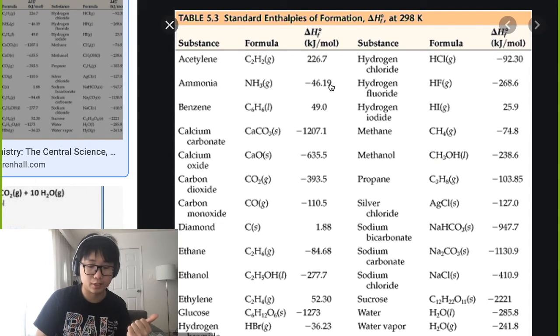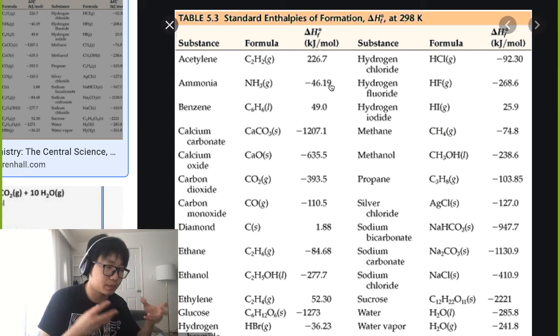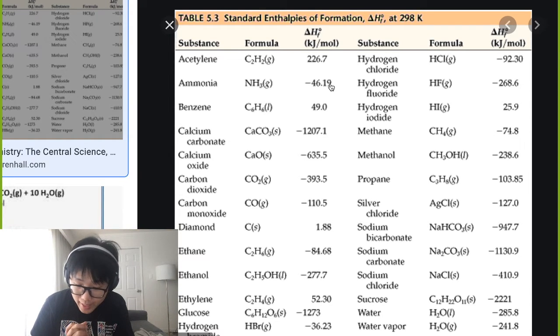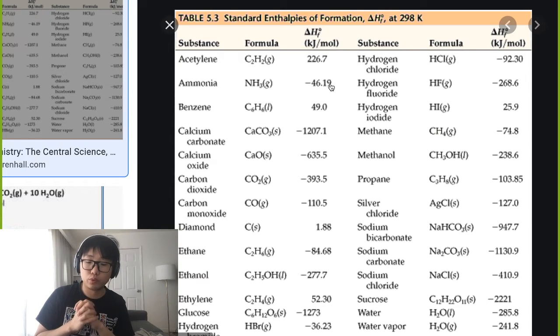In this case, it'll be nitrogen and hydrogen. So those individual atoms come together and bond together into ammonia. 1 mole of that will release 46.19 kilojoules of energy. That's what it means. All right.